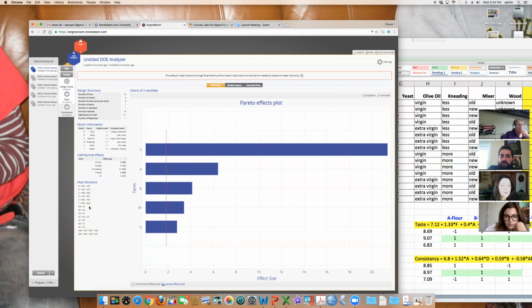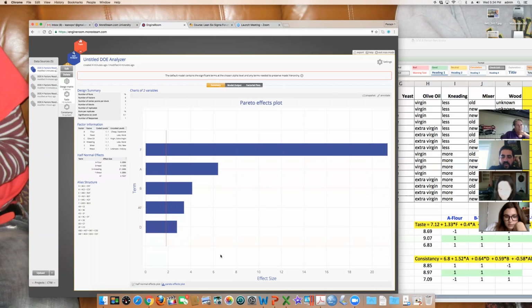What's more of a concern for us is the two-way aliasing. We notice we've got AF, which is a significant effect, but AF is also aliased with DE, and DE is kneading and mixer.